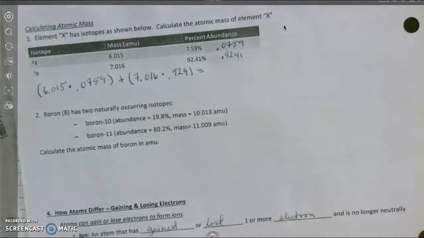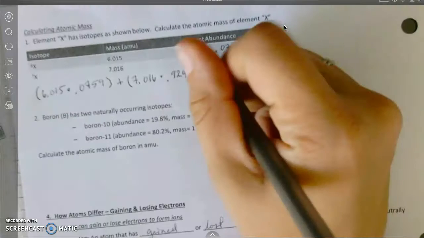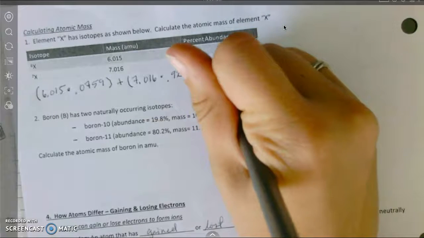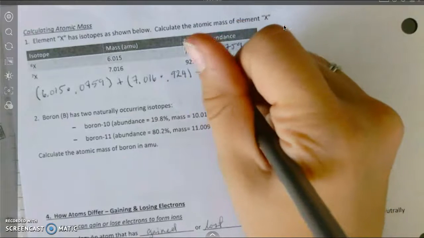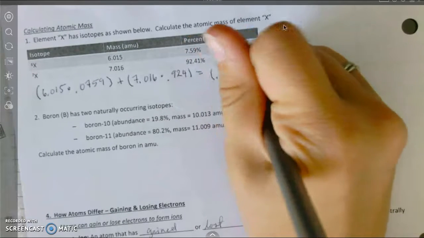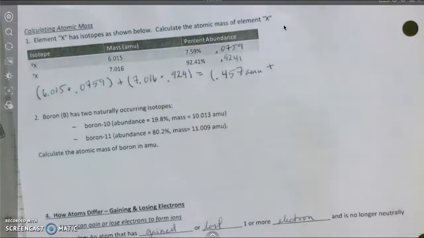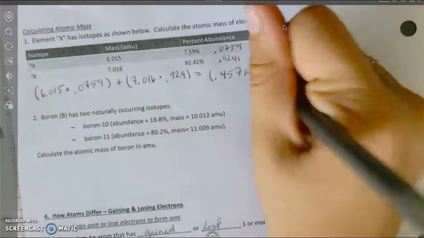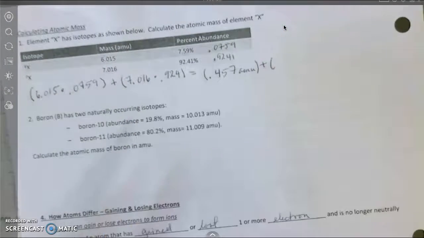Okay, so let me run those numbers. I'm going to start with my 6.015, and multiply that by 0.0759. That is 0.457 atomic mass units. And we're going to add that to this value.